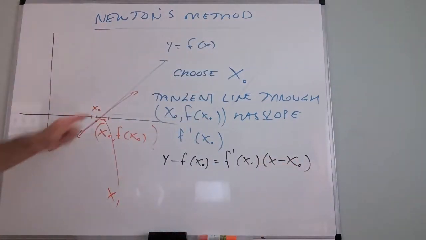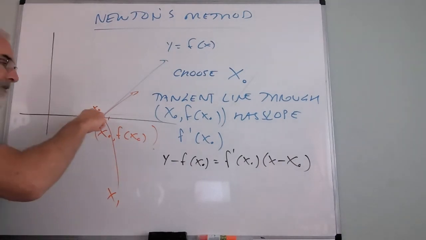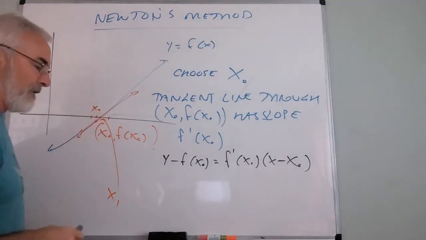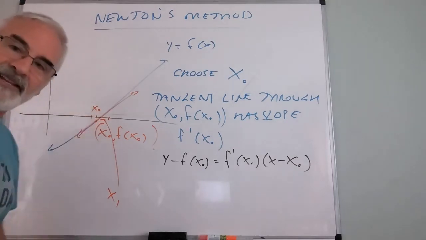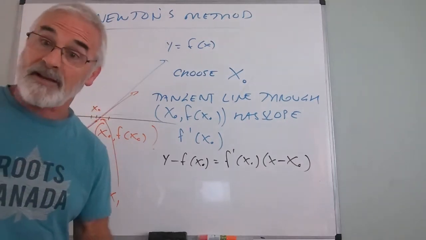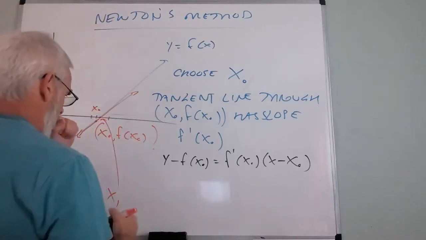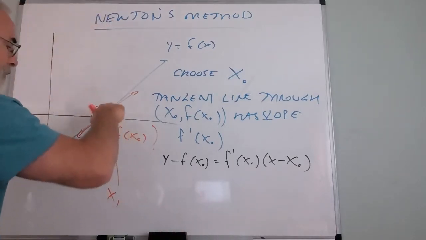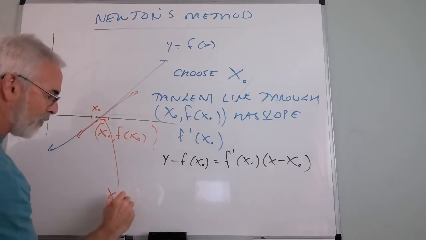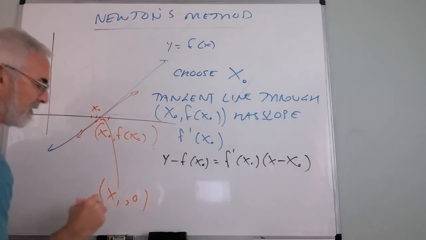This is the equation of the orange line. I am interested in the y value and the x value. Well, if I'm crossing the x-axis, doesn't that mean the y value has to be 0? So the point that I'm looking for right here is the point x1, 0.